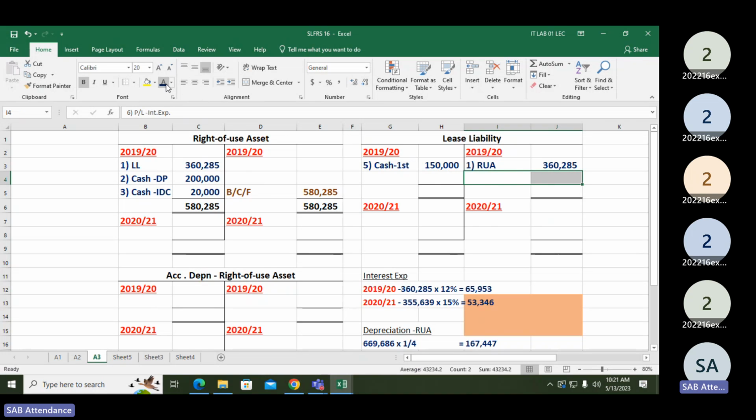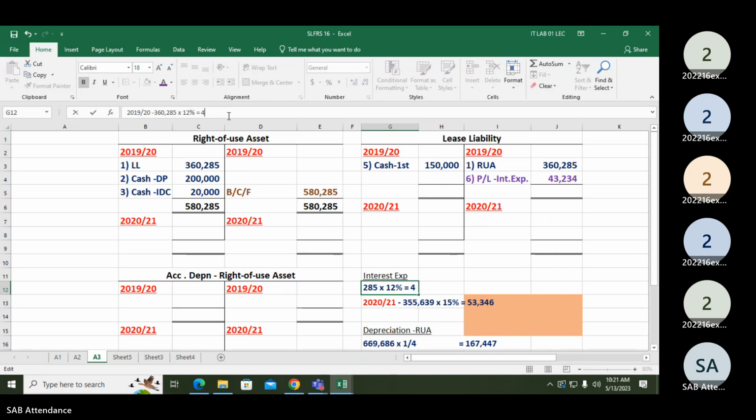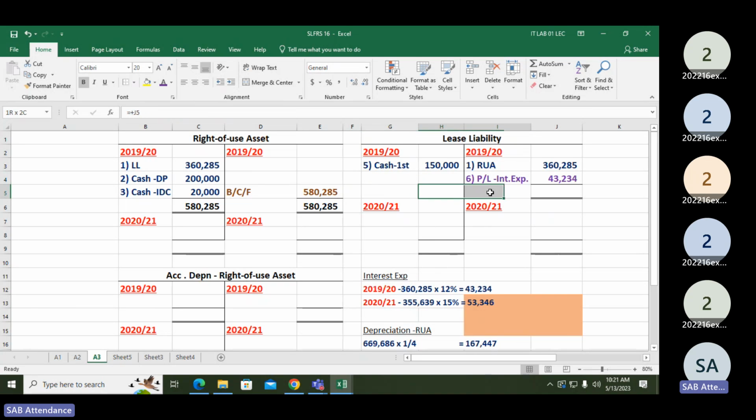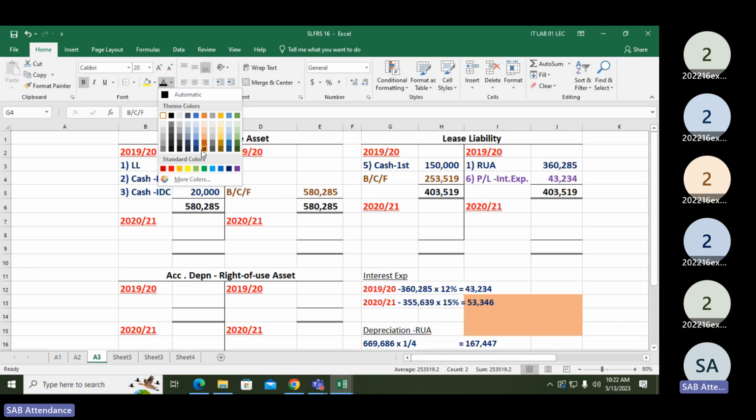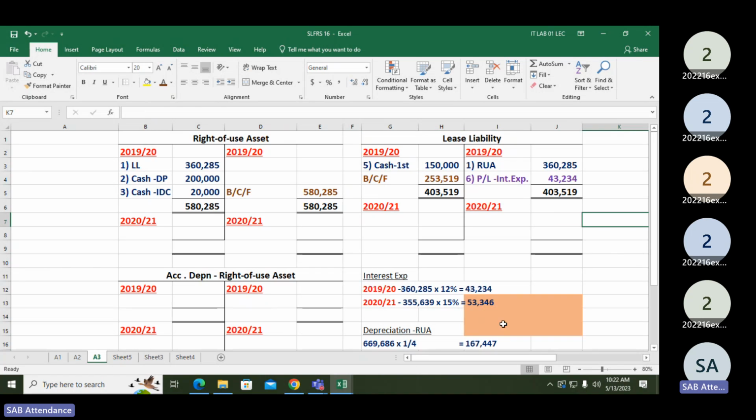So it should be 43,234. So the balance carried forward is 253,590.